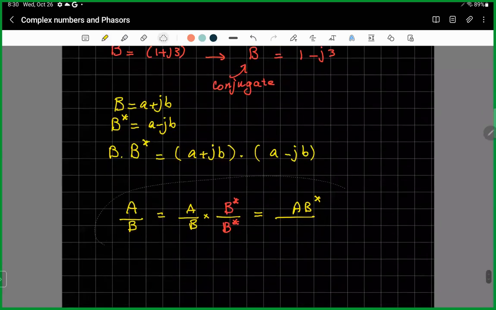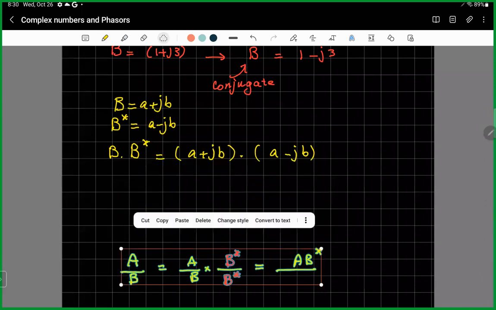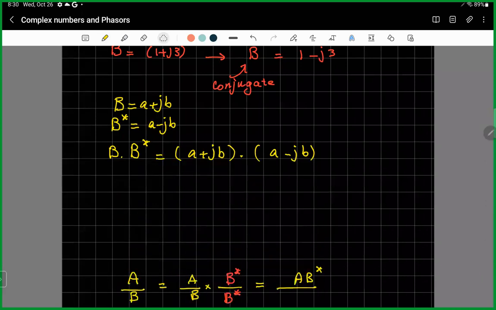Let's wait for this a little bit because we're going to deduce a relationship. Now multiply A times A and A times minus jB. So you have A squared and minus jAB. All right, that's a little bit close to it.